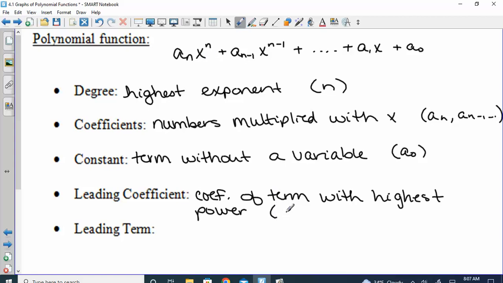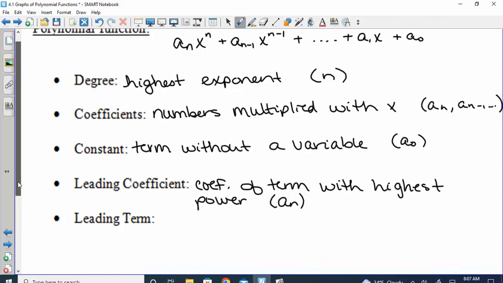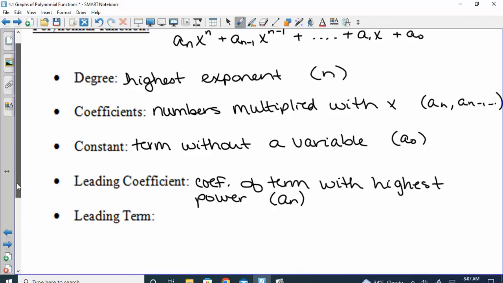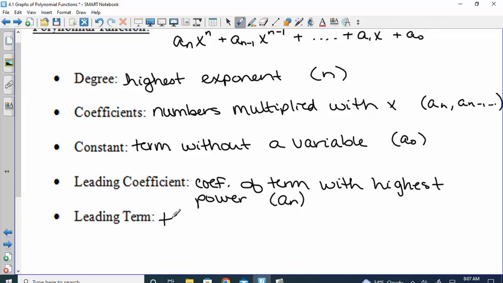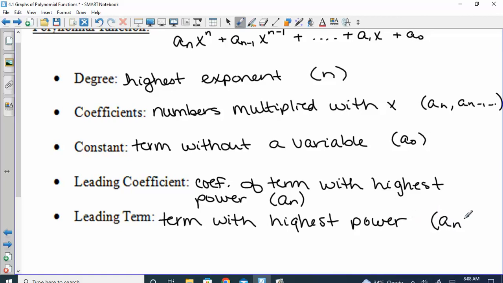So the leading coefficient would be that a sub n. It doesn't have to be the first term. You do have to look at all of them, but a lot of times it might be. And the leading term is just the entire term with the highest power. A term includes both the coefficient and the variable.